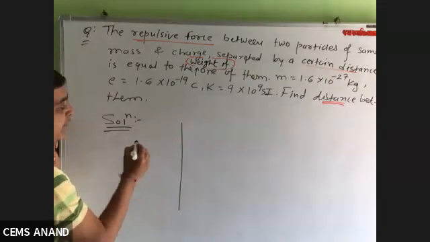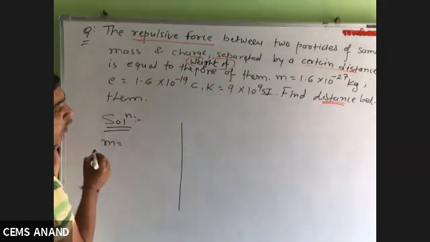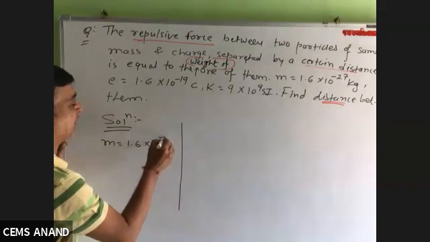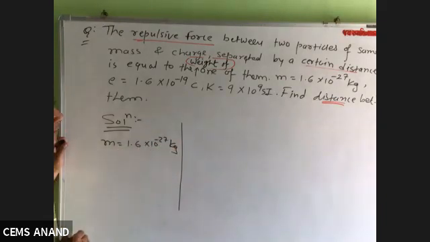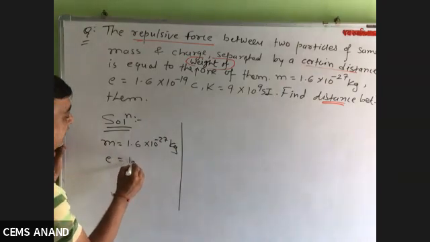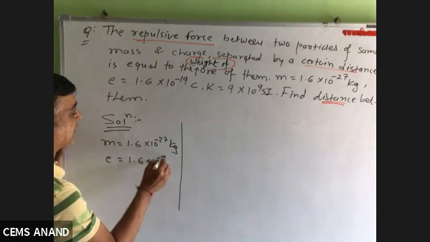So here we are given the mass of our particles, which equals 1.6 into 10 raised to minus 27 kg. Then the charge of each particle is 1.6 into 10 raised to minus 19 coulomb.